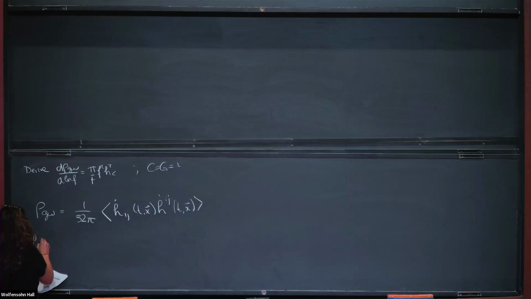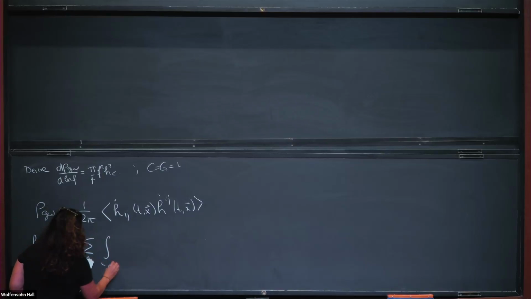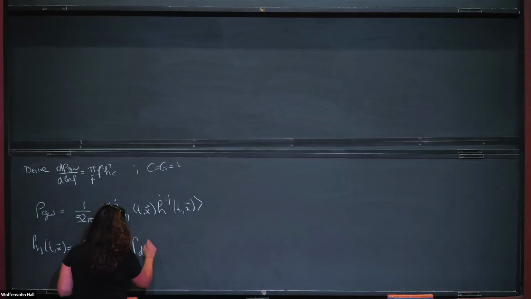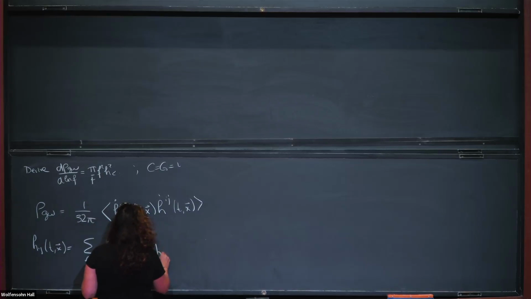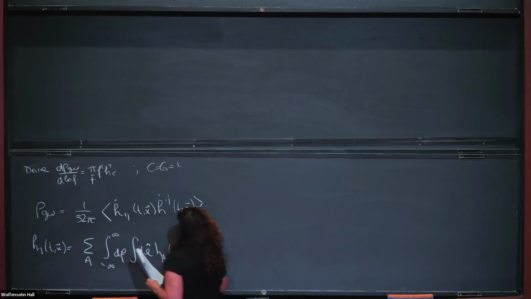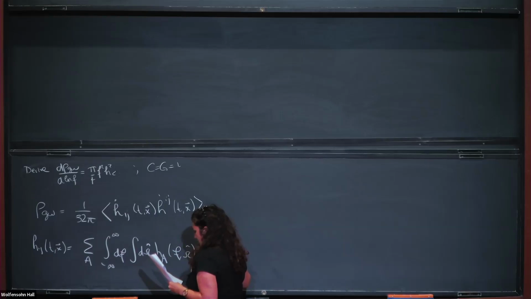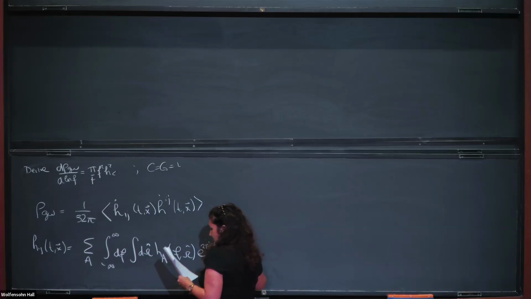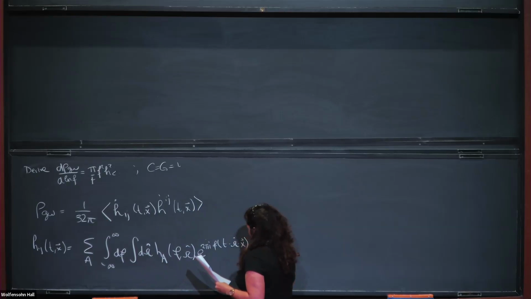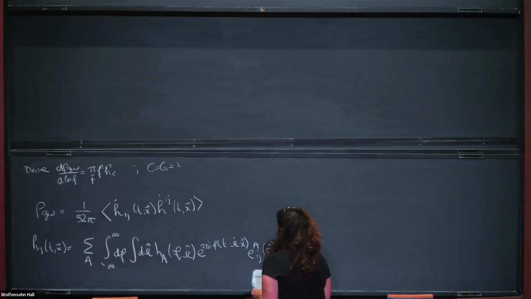So that means that hij(t,x) is equal to the sum over your polarizations A, integral from minus infinity to plus infinity in df, and then your integral in omega hat, h_A, which are your Fourier amplitudes, f and omega hat, e to the 2 pi i f (t minus omega hat dot x), and your polarization tensor e_A ij of omega hat. Okay.